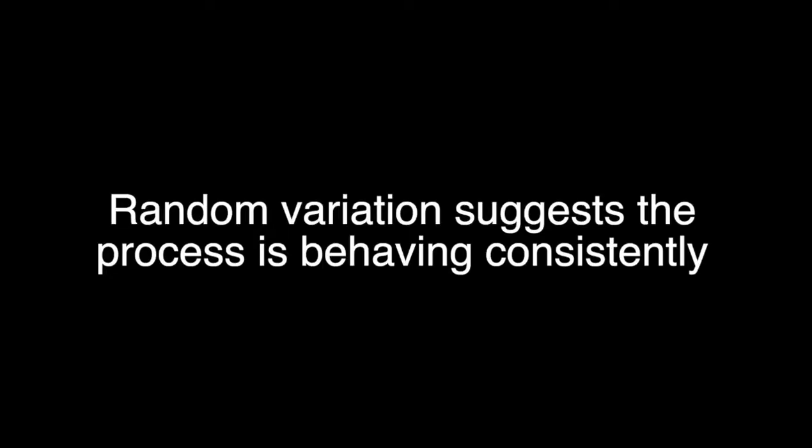When the variations we see are random, that's a pretty good sign that the process is operating in a very consistent manner. Now, it may be consistently showing wide variability in performance, may be consistently good, may be consistently bad, or consistently somewhere in between.